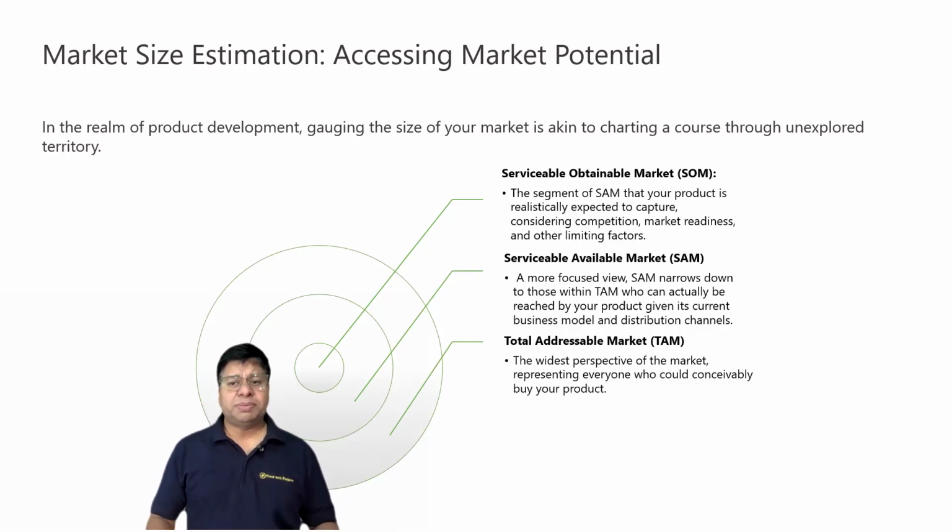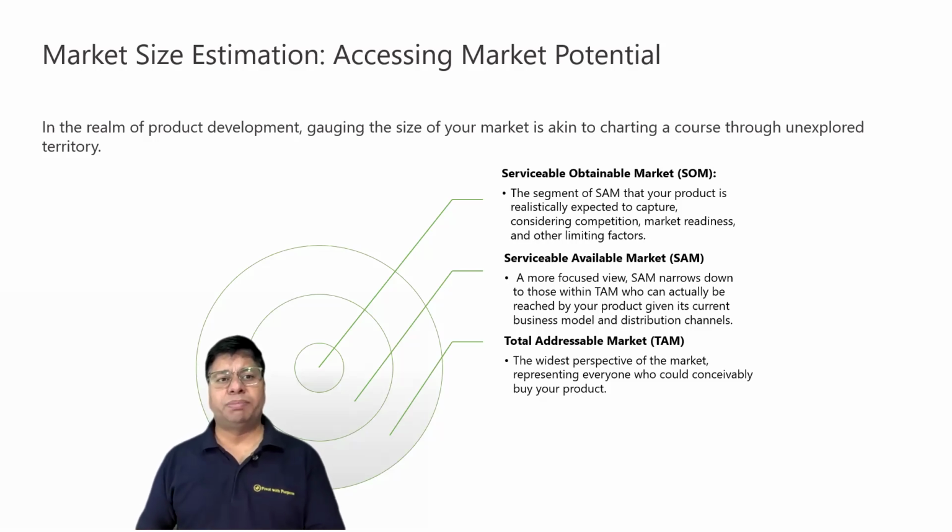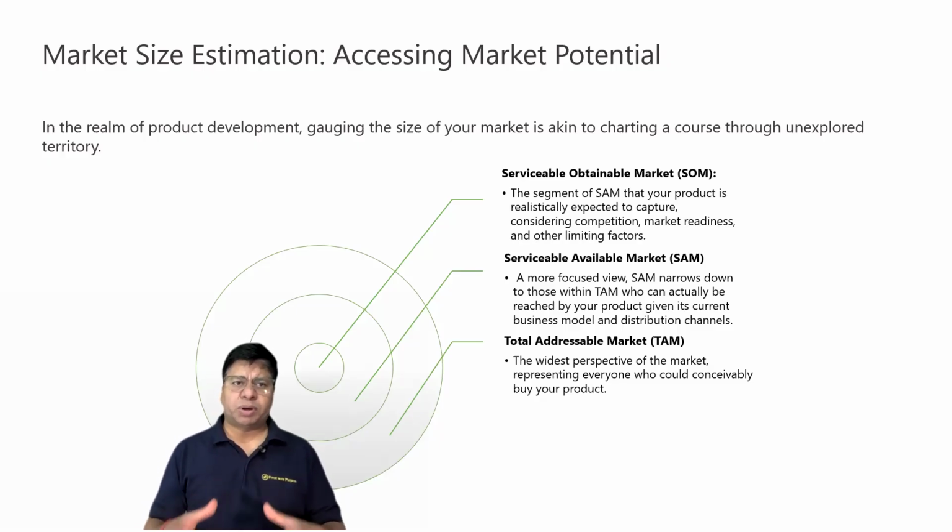Now serviceable obtainable market. In a real scenario, whatever is available, we may not be able to capture that market. This is the realistic goal, serviceable obtainable market. The segment of SAM that your product is realistically expected to capture. Right?